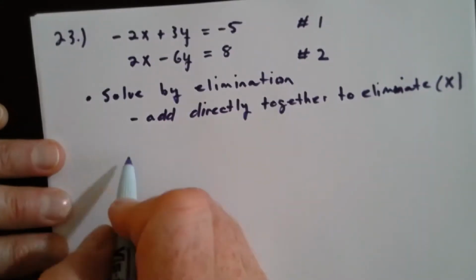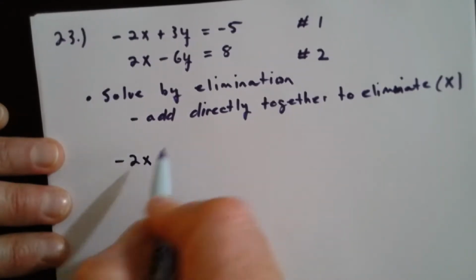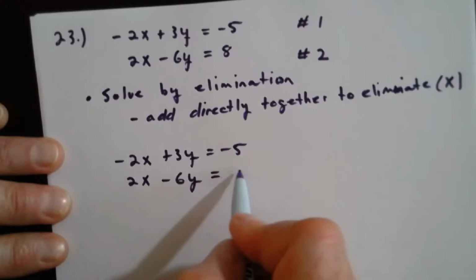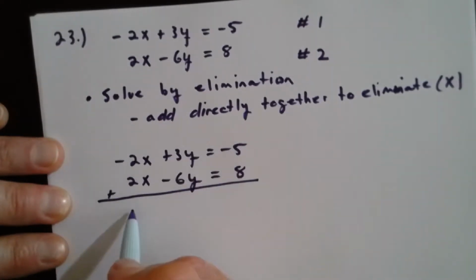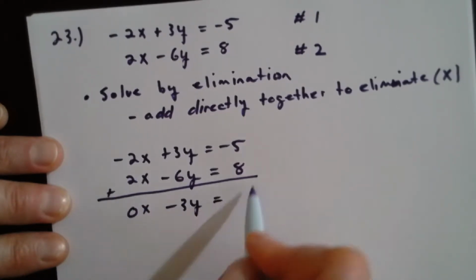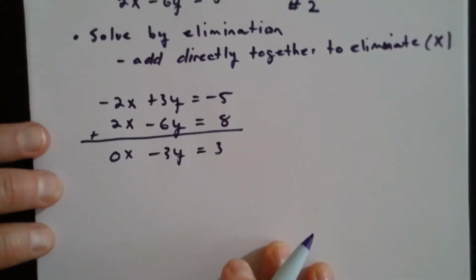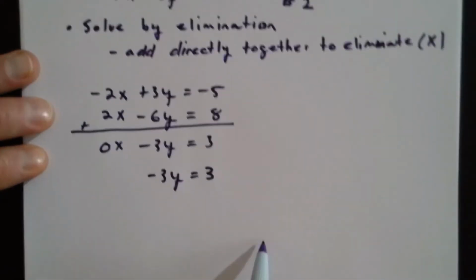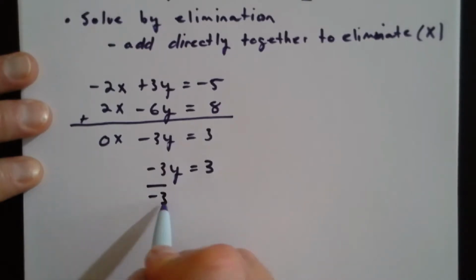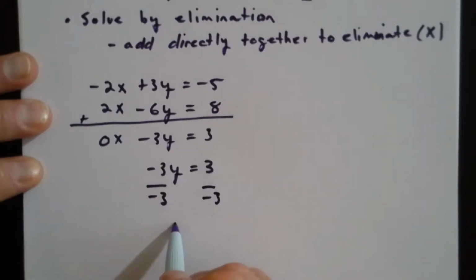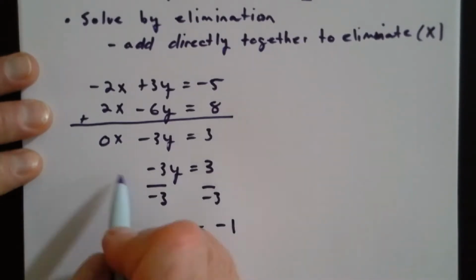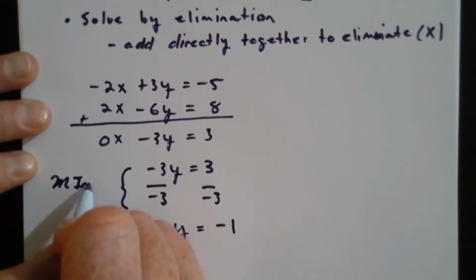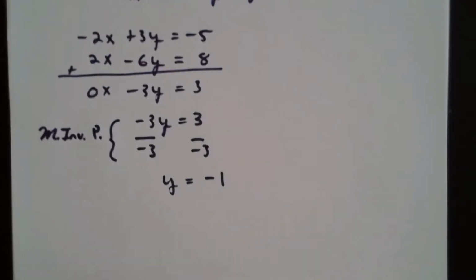And so when we add them directly together, we are going to get, that's the multiplicative inverse property.